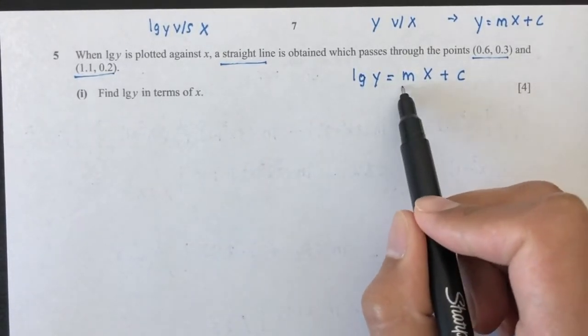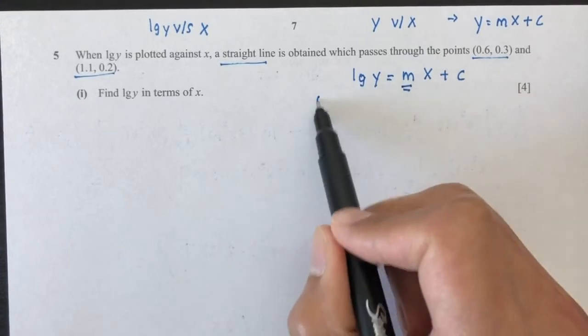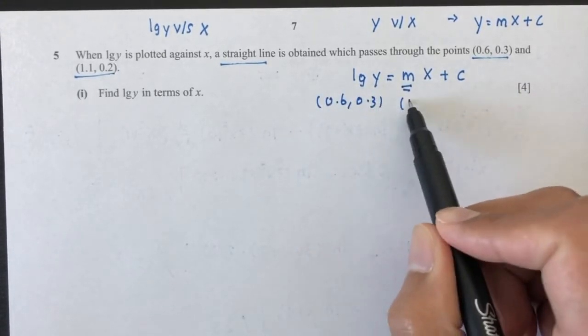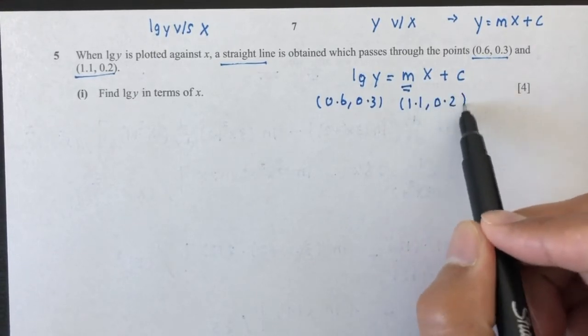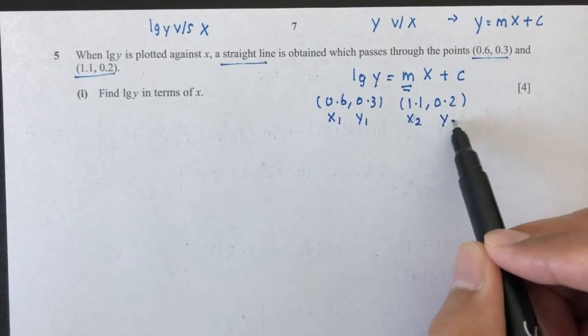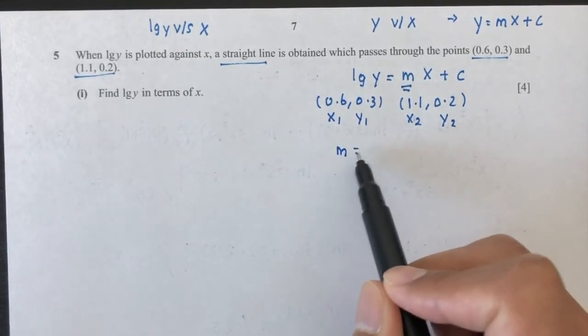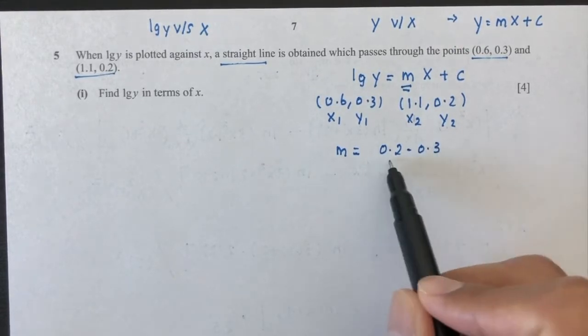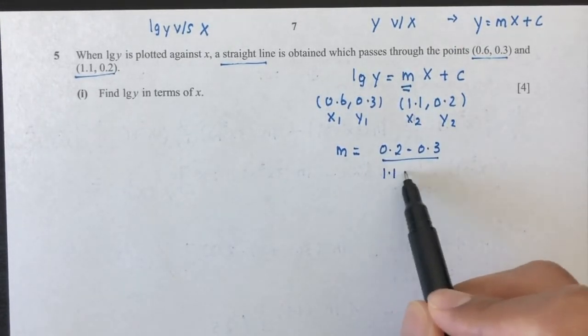So let's first find the value of m, which is the gradient. Since we have 2 points, we can find this pretty easily. So this is 1.1 and 0.2. So x1, y1, x2, y2. So m will be the gradient, which is y2 minus y1 divided by x2 minus x1.